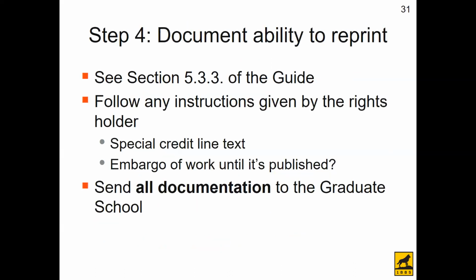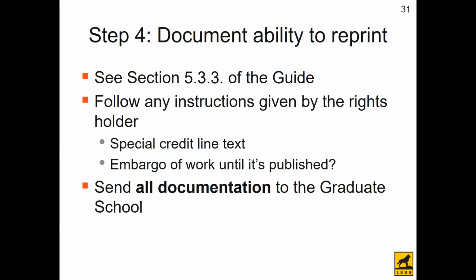And then step 4, once you've gotten permission or determined that you didn't need it, is to document for each of the items that you can reprint them. Figure 1 is public domain. See this website. Figure 2 has a letter. Here's the letter. Figure 3 is I have the right to republish it. Here's the copyright transfer agreement.